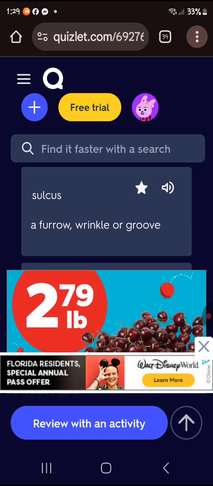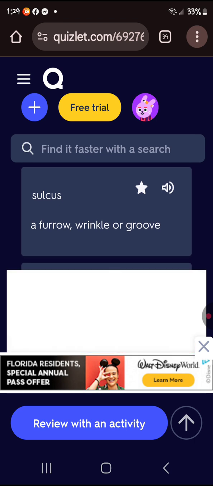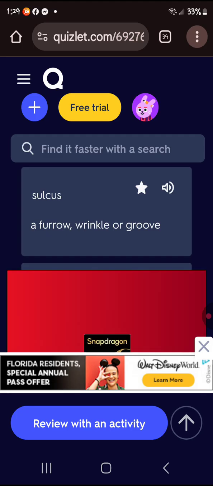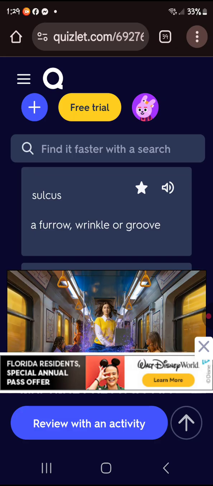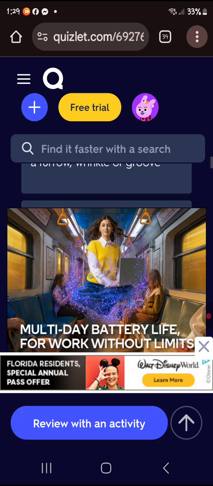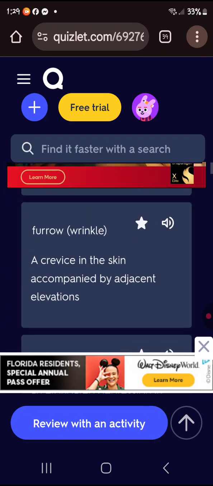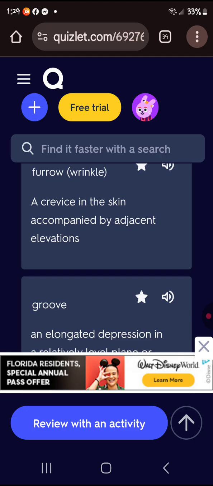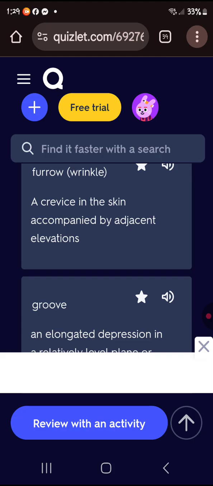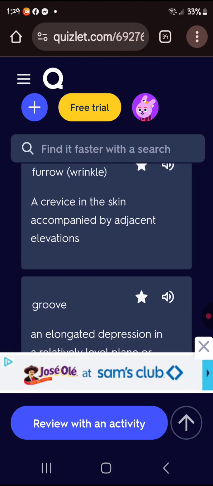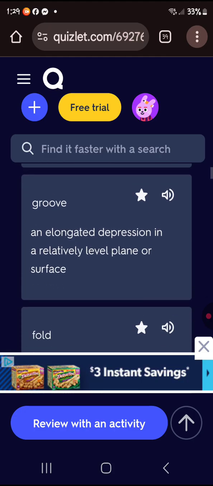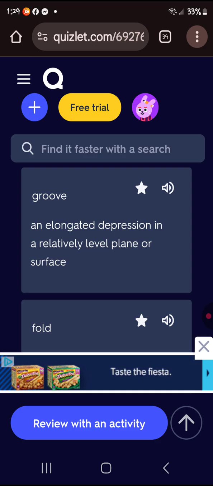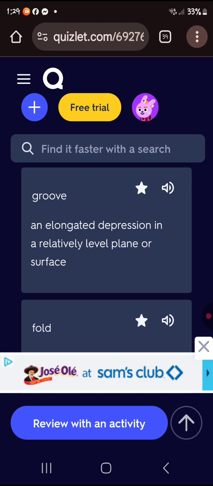What is a sulcus? It is a furrow, wrinkle, or groove. A furrow or wrinkle is a crevice in the skin accompanied by adjacent elevations. A groove is an elongated depression in a relatively level plane or surface.